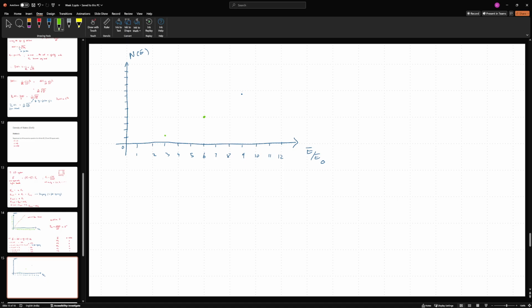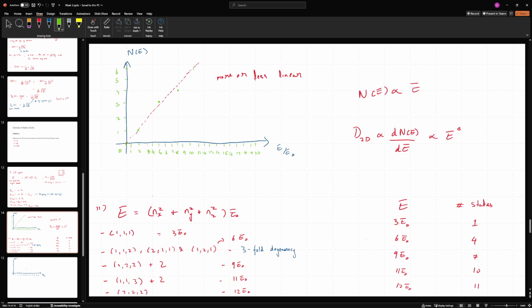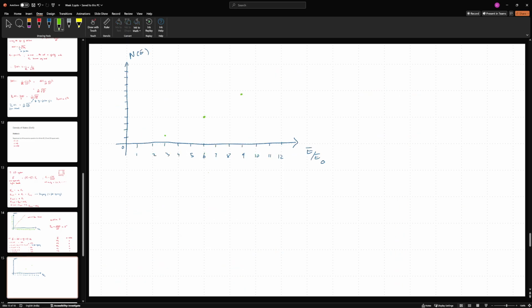Has to be green. Yes. And then we have a further 3 more states adding at 11 E naught. So at 11 E naught, we will go to 7, 8, 9, 10. So over here. And at 12 E naught, we will have one more. So, oh no, this should be slightly and more or less correct.